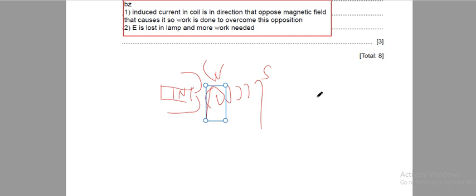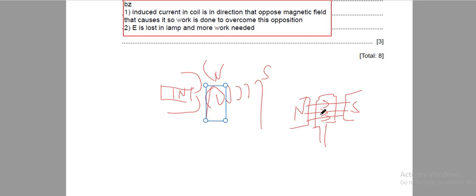So it is the same for the coil in the generator, as the magnetic field here causes the coil to have an induced current. This induced current is formed in a way to oppose the magnetic field of the magnet.